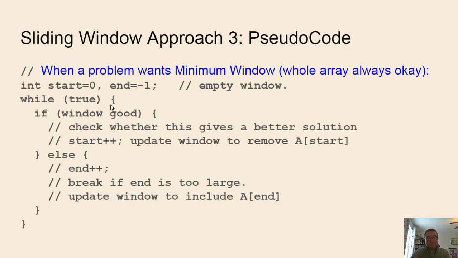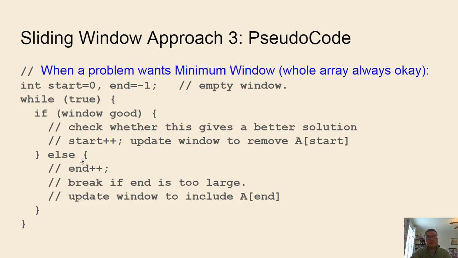Then in the loop, I need to consider 2 cases. If the window is good, then first I check whether this gives a better solution. Then, because we want a minimum window, I will increment the start pointer, and then I need to update the window.